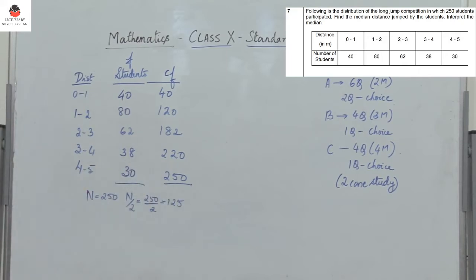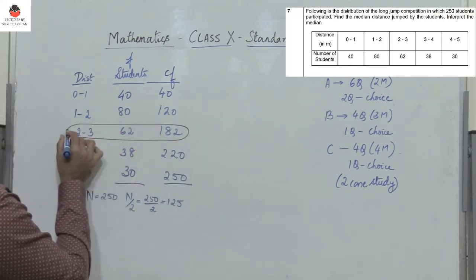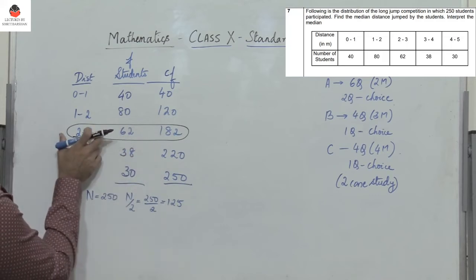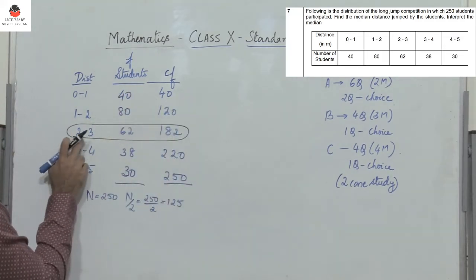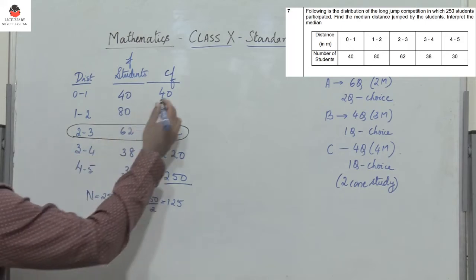Right? So we have to observe that 125 is lying in this class interval 2 to 3. So you have 125 which lies in this interval, that is from 121 to 182. It lies in this interval 2 to 3. Now what is the formula for median?